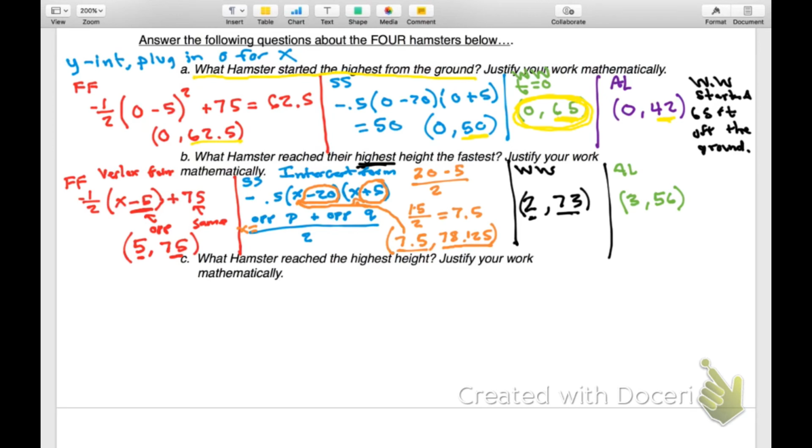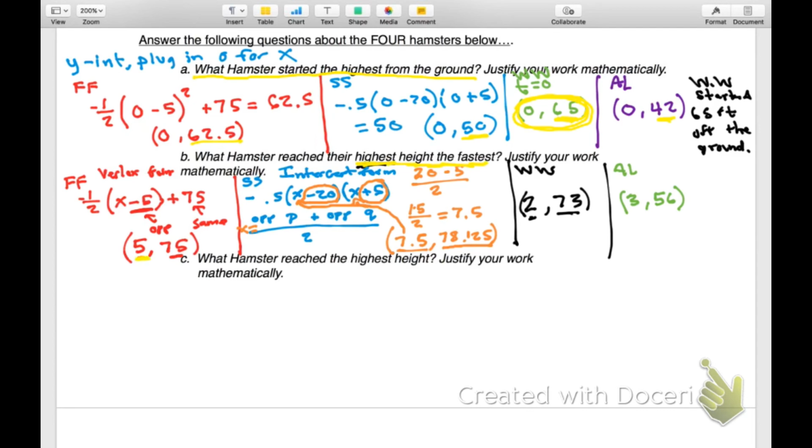Okay, so now going back to the questions to start answering these. What hamster reached the highest height fastest? So again, fastest means that we're looking for the seconds, and we're looking for the shortest amount of time. So which one of these hamsters reached their maximum height at the least amount of seconds?